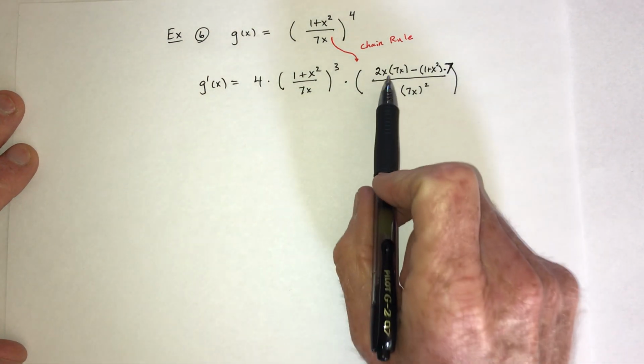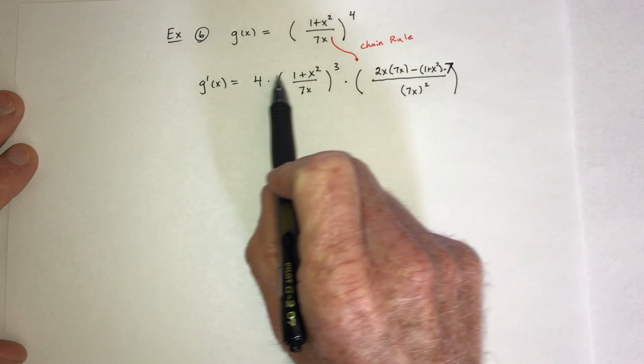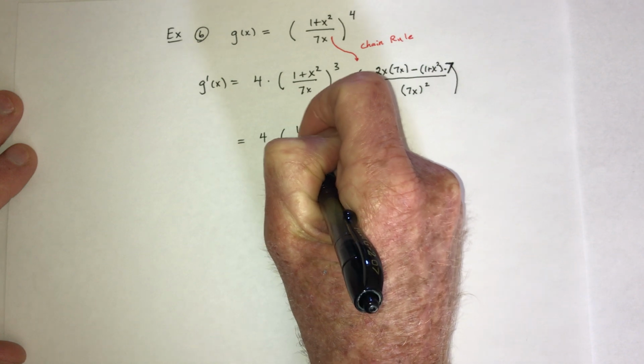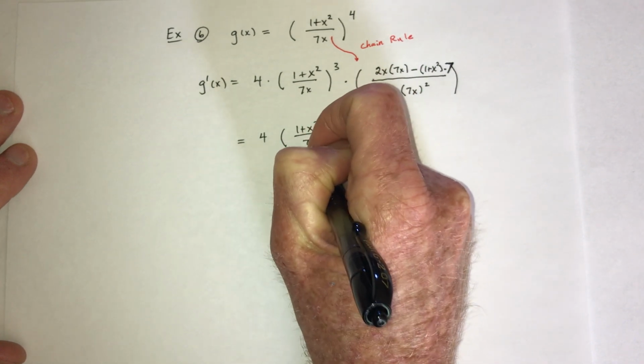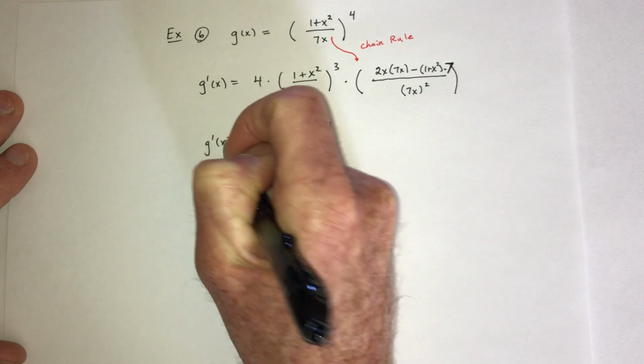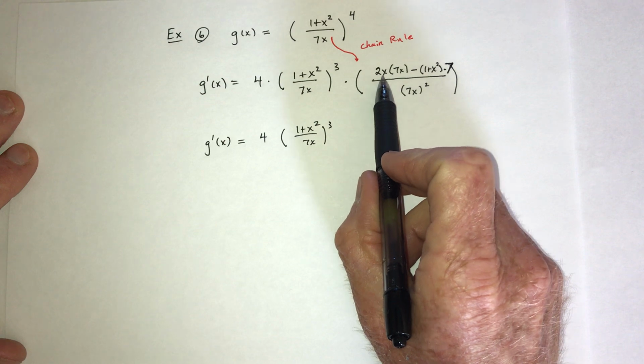All right, now we need to simplify, especially this part right here. So this part, you could leave it 4 and 1 plus x squared over 7x is cubed. That part can stay there. And then this, when you multiply those, it's going to be 14x squared.